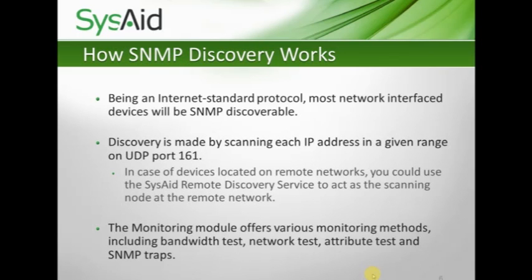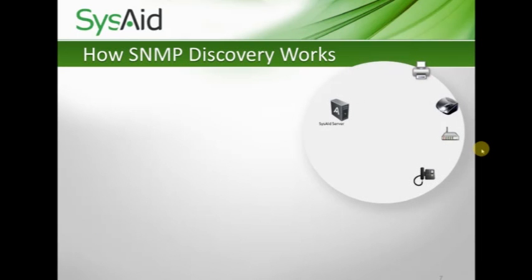If you have remote networks, those network devices aren't discoverable from the internet, so we can use the SysAid remote discovery service to detect them. And the last part for today's session, we'll discuss monitoring capabilities for SNMP devices. Let's start by looking into a network diagram to see how SysAid does the scan.